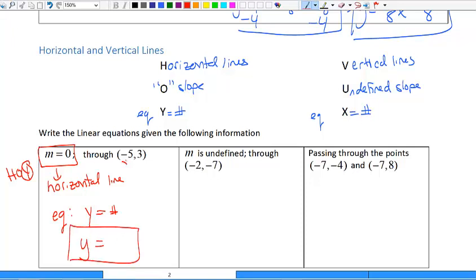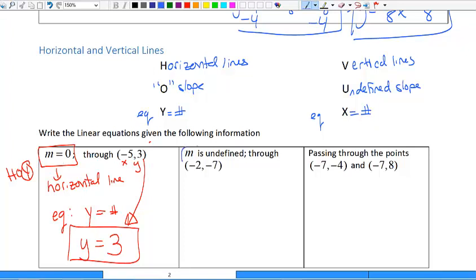Which value should I pick? Well, use the other piece of information that we haven't yet used. We have a point, -5, 3, where x is the -5 and y is the 3, but the one I'm looking for is the y, because my solution is y equals some number. So my equation is y equals 3. It has a slope of 0, and it certainly does pass through -5, 3.